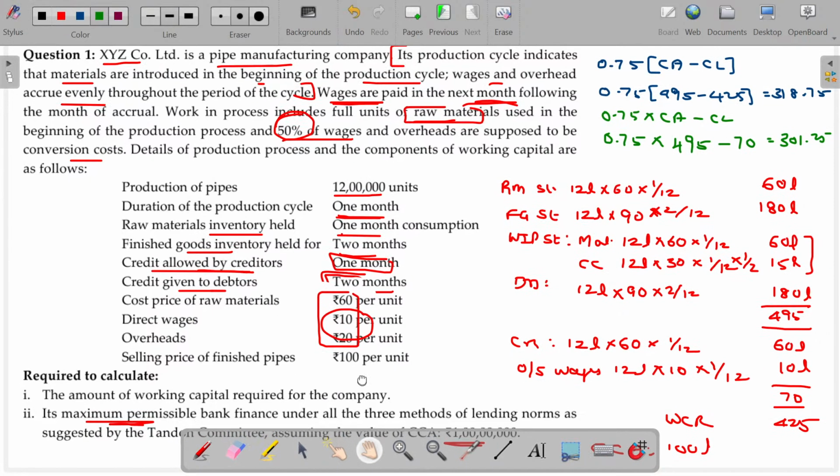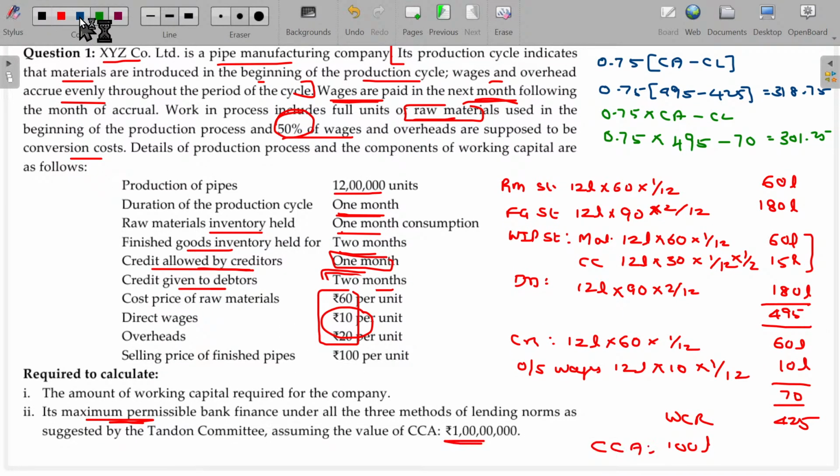In the last option, what are we supposed to subtract? Core current assets. 0.75 into current assets minus core current assets.